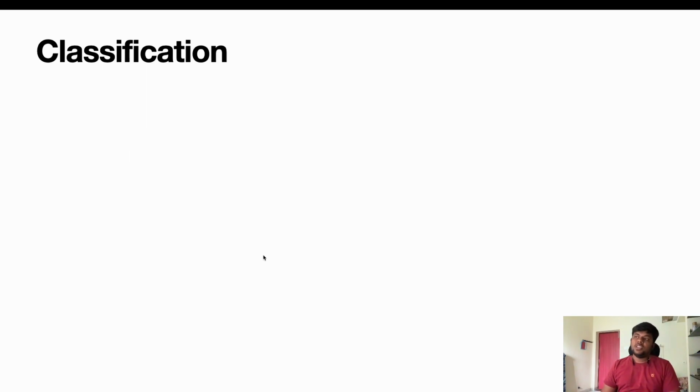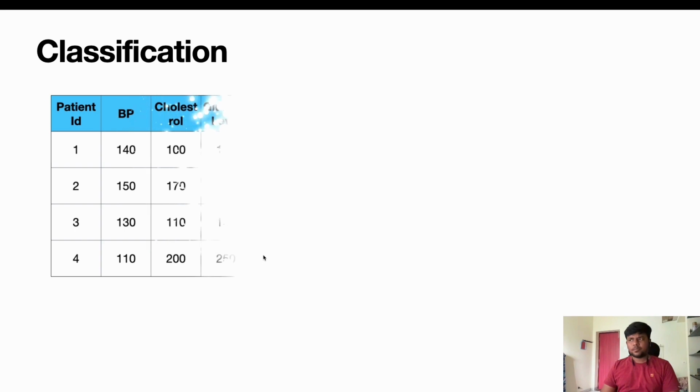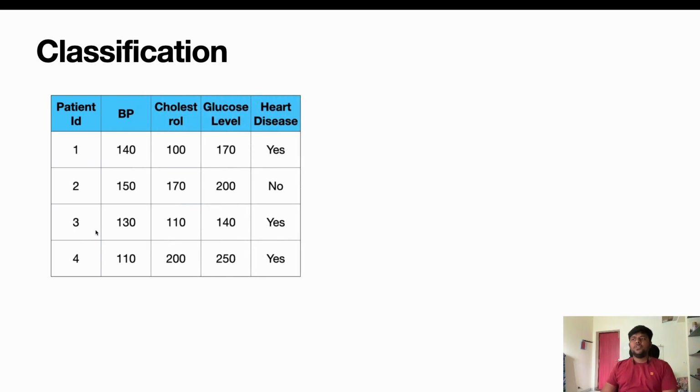In classification, as you see in the chart, we have labeled data like this, in a spreadsheet or some other structured data. In this structured data, we have the features like BP, cholesterol, glucose level.